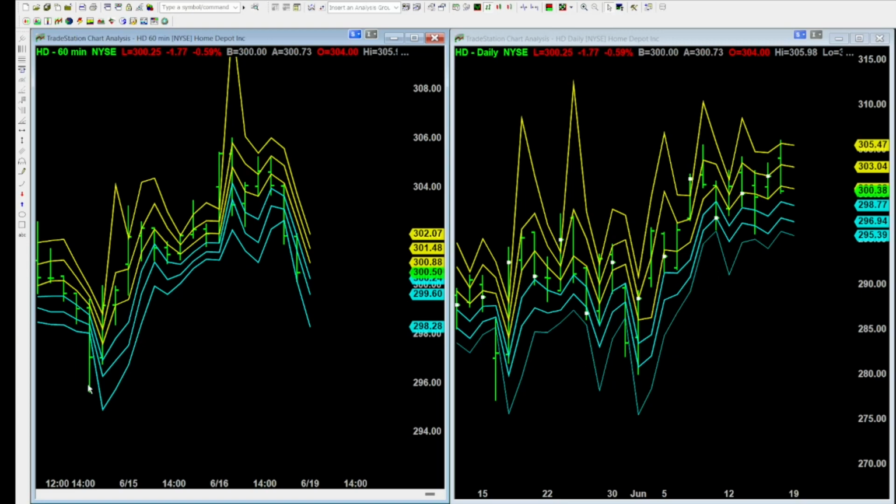So when it dropped down to here and increased a little bit for this 60 minutes, then the next 60 minutes when it opened here, even though the opening price and the closing price are very close, you see it opened almost one band above this trend line.